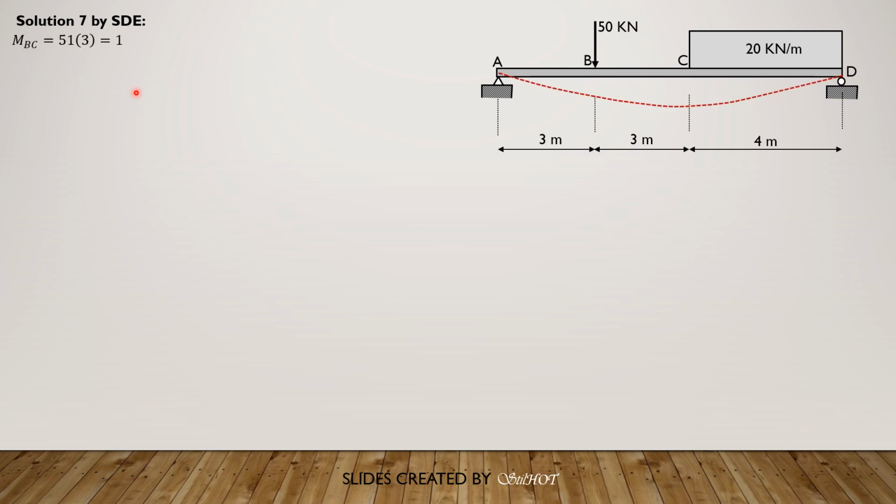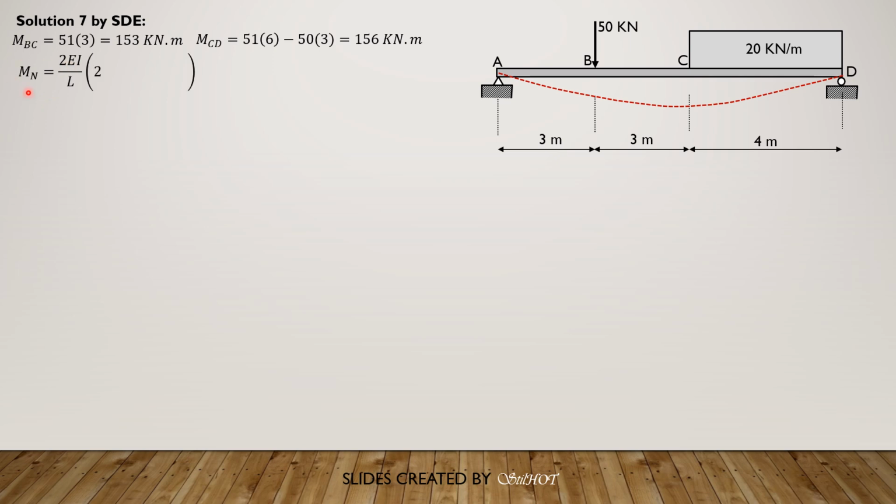Moment BC is 51 times 3, so 153 kilonewton meter, but that's moment B to D. While moment B to A, because this is the other way around, is negative 153 kilonewton meter. Likewise, moment C to D is equal to 51 times 6 minus 50 times 3, which was computed before. But moment C to A is negative 156.